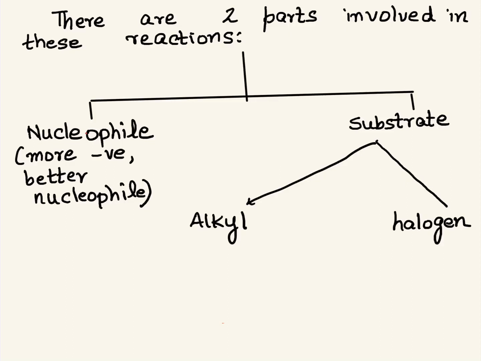Now nucleophile, as we've done in a previous video, nucleophile, nucleus loving, right? Any species which is capable of attaching itself to a nucleus. Now what is the charge on the nucleus? Positive charge, right?